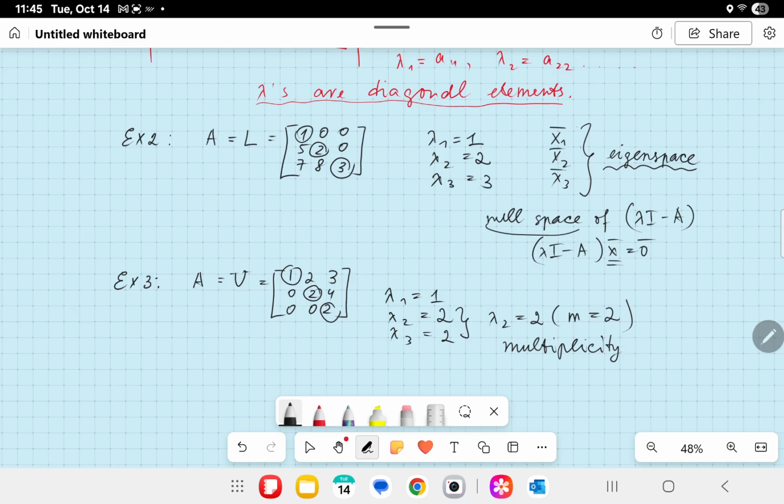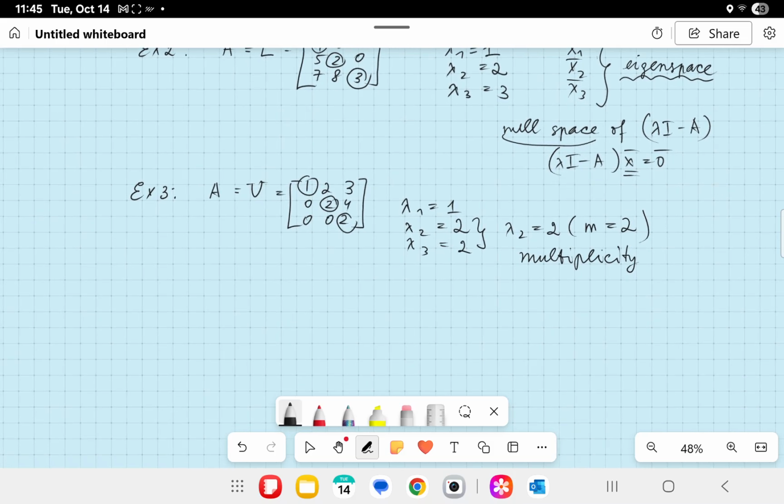Well, what does it mean for us? Less solution work is needed, just because you don't need to substitute lambda 1, lambda 2, lambda 3, but only lambda 1 and lambda 2, and find solutions x. Let's do it. Let's try to now solve this lambda I minus A x equals 0 system. I'm going to use lambda 1, which is equal to 1.